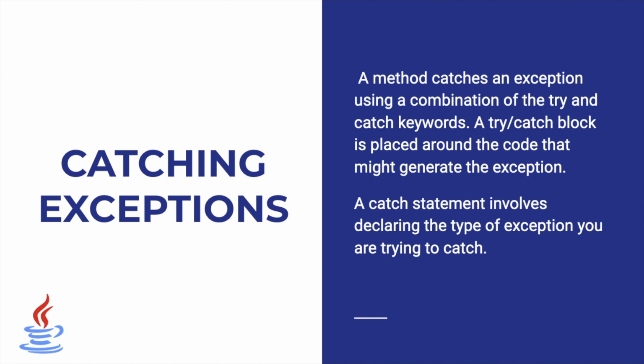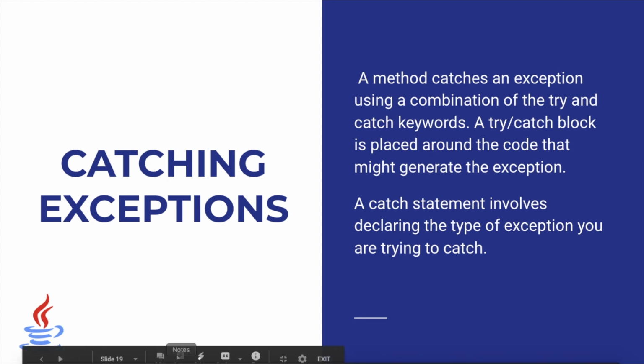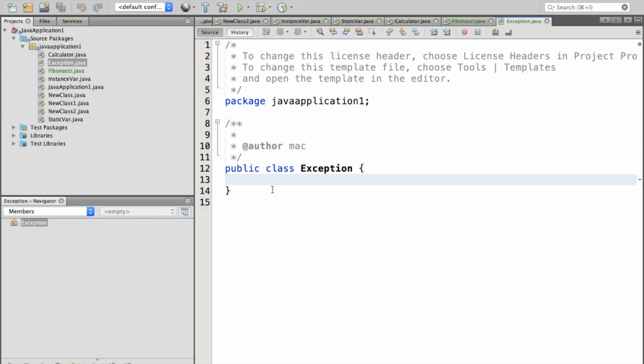A method catches an exception using a combination of the try and catch keywords. A try catch block is placed around the code that might generate the exception, and a catch statement often involves declaring the type of exception you are trying to catch. So let's go and see some examples of this.